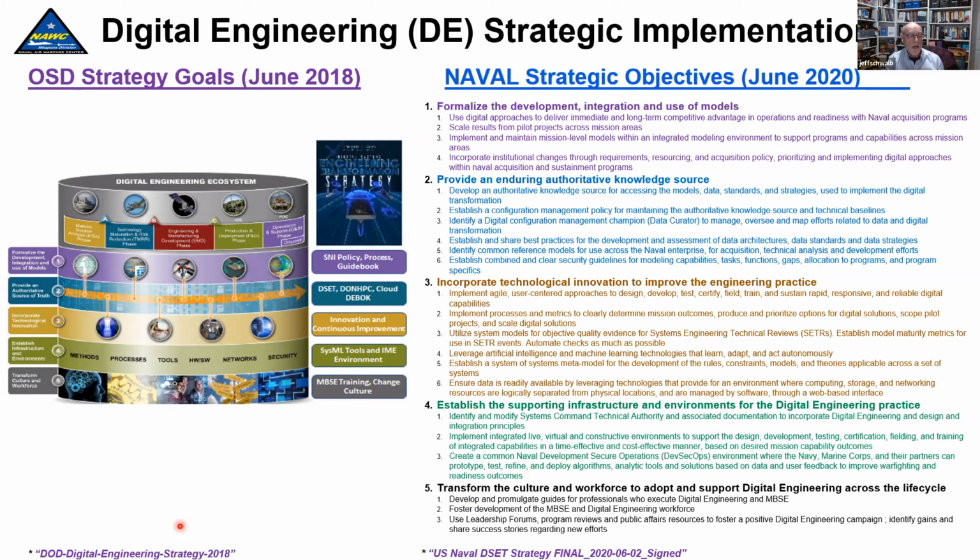That document is in the footnote of the slide, cut off at the bottom, but you can look at it and find out what these 5 goals are. The Navy then took that 2 years later into their objectified version of those goals, and they map very much one-to-one. It's these 5 goal areas.